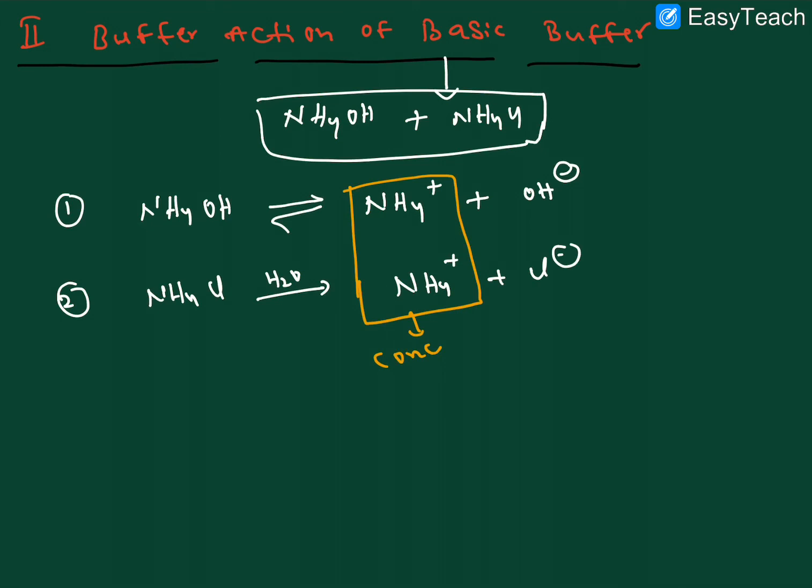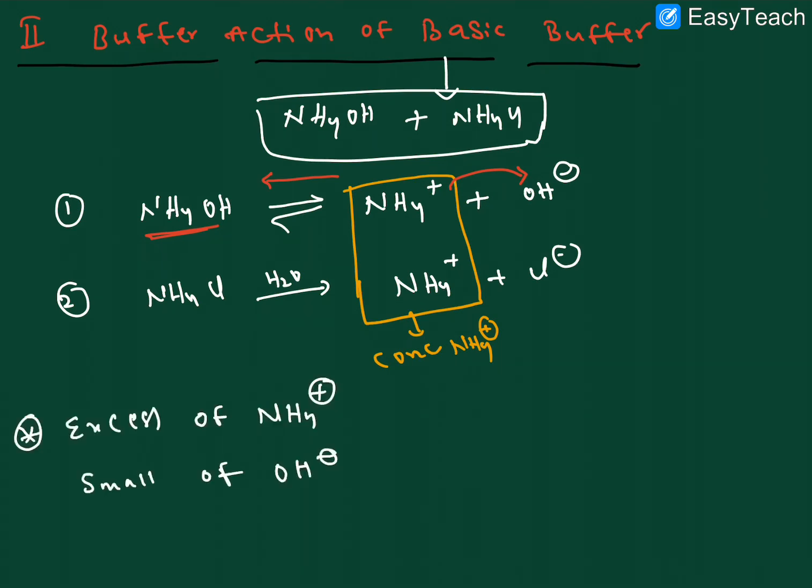Due to this common ion effect, the concentration of ammonium ions, NH4 plus, increases. The ammonium ions readily combine with the OH minus, so the dissociation decreases. It is pushed back in the reverse reaction. So it suppresses the dissociation of ammonium hydroxide due to this common ion effect. I hope it is very clear, right?